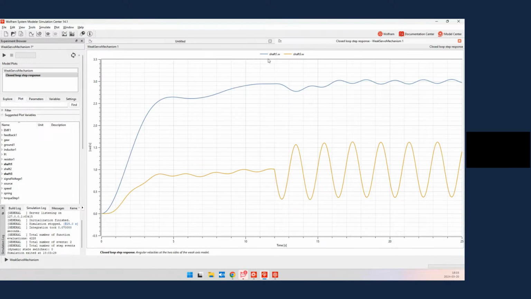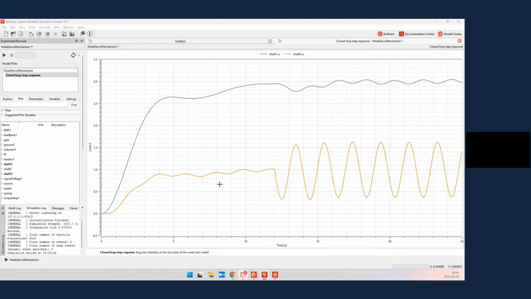The first part of the shaft, the blue, looks good, but at the end part it's oscillating a lot. So that's the whole idea with the product: you build your system, simulate, and see what happens if I do this or that. Will the system work well or not?